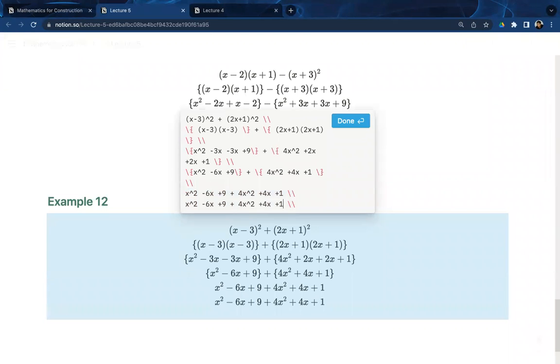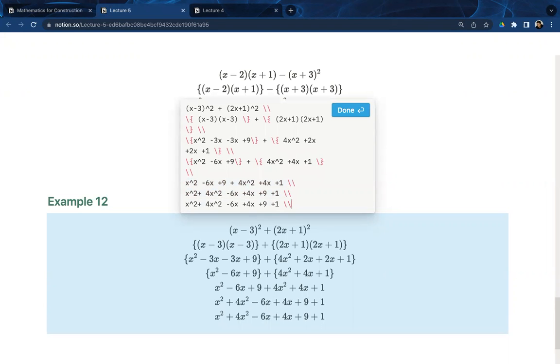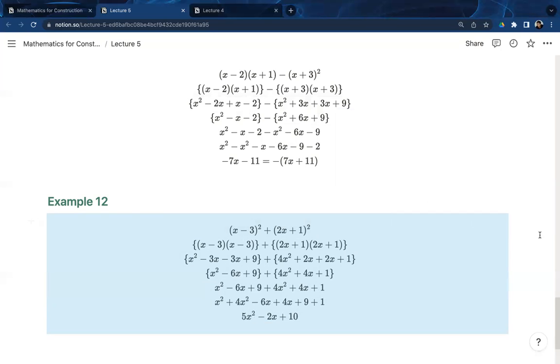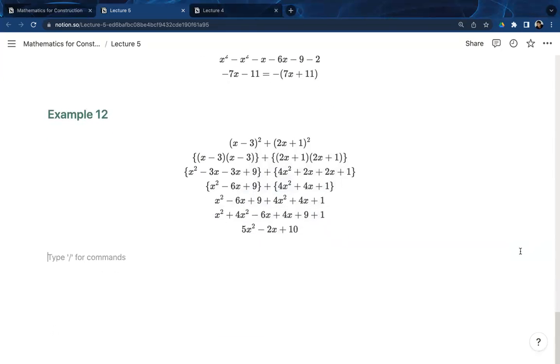And you combine the like terms together. This is 5x squared minus 2x plus 10. That's the final answer there.